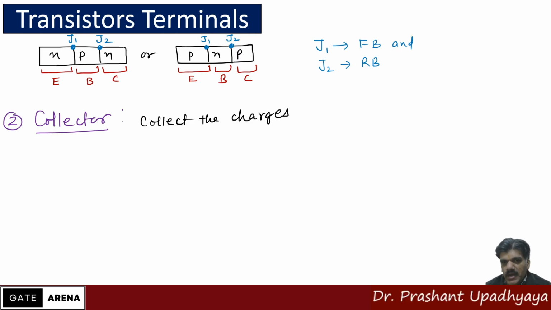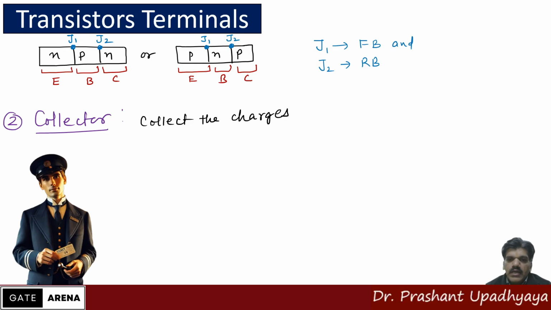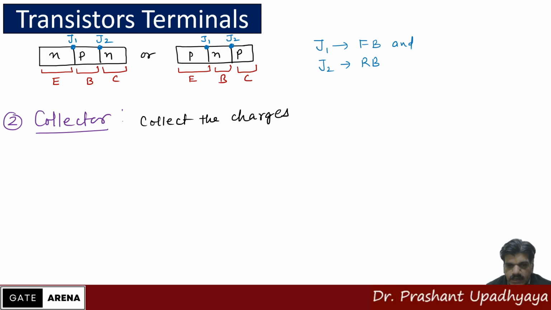For example, just to make it more simple, you can take the example of a ticket collector available at the railway station or in trains. The purpose of the ticket collector is to collect the ticket. Similarly, the purpose of this collector is to collect the charges coming from the base. Whatever charges are coming from the emitter to the base and from the base to the collector, this collector will collect all these charges.